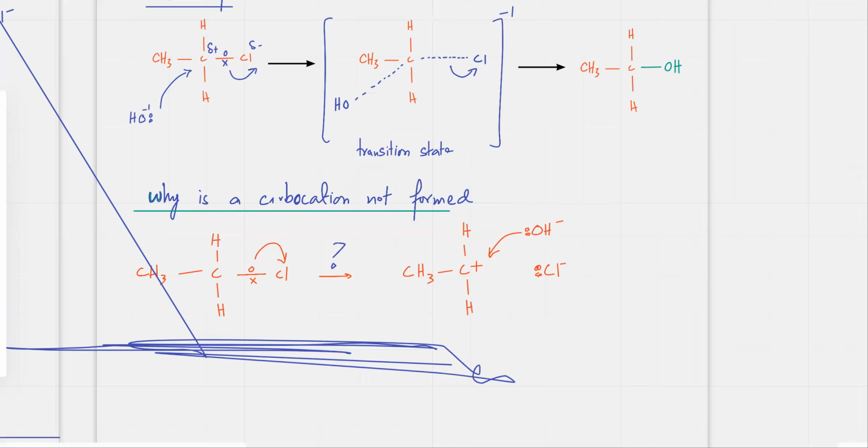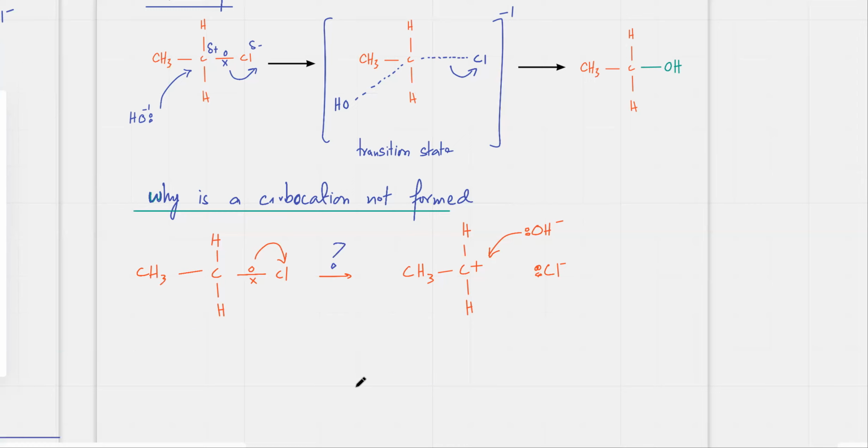The specific answer to this question is that the carbocation has fewer alkyl chains, fewer electron donating alkyl chains.